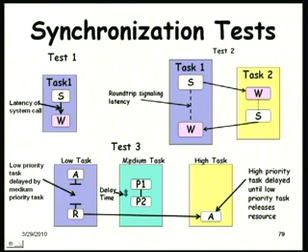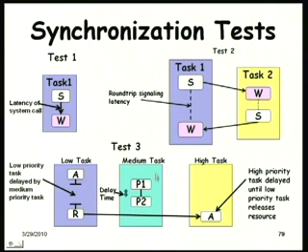And the third test that we will do is where a low priority task has acquired a resource R, and then a high priority task has requested the resource. So, how much time will the high priority task take to acquire the resource? The high priority task will be delayed until the low priority task releases the resource, of course, but what about the medium priority tasks?